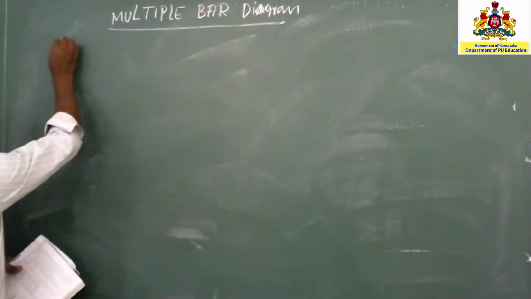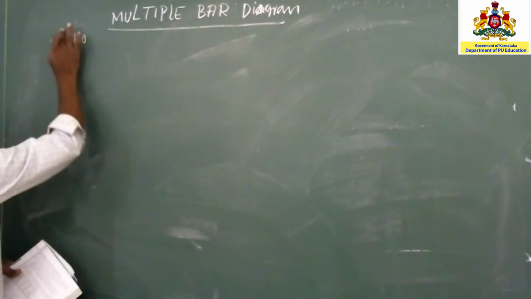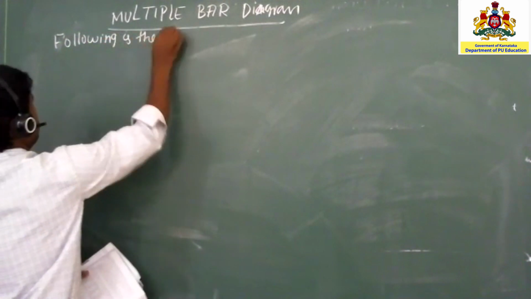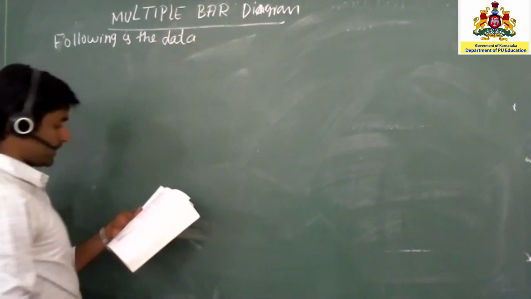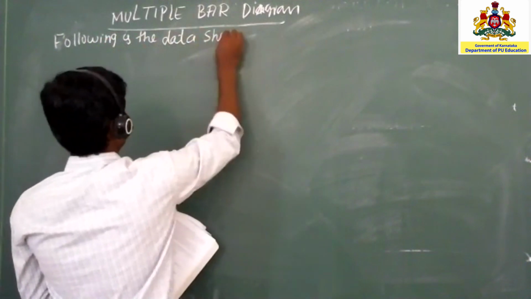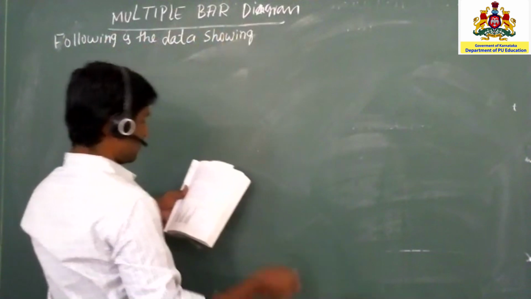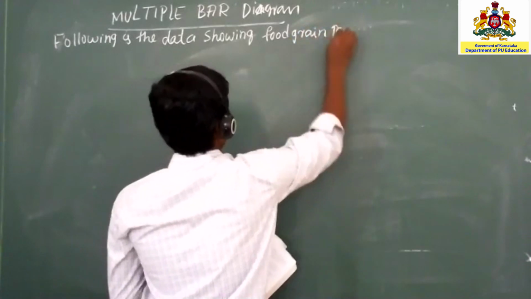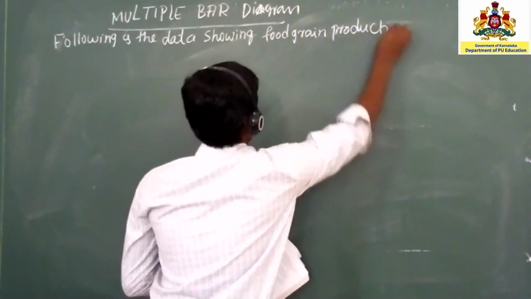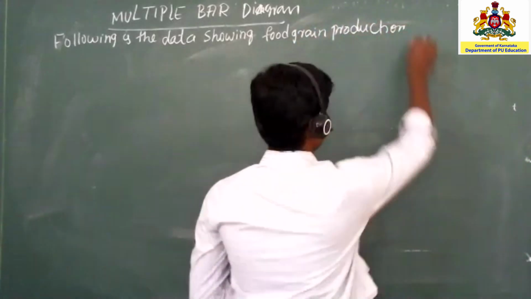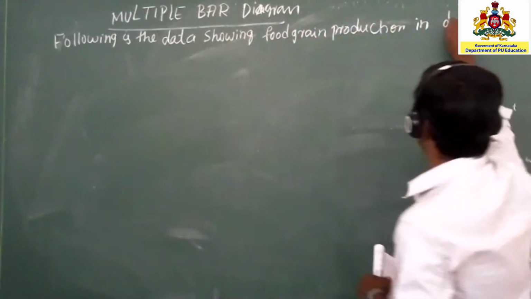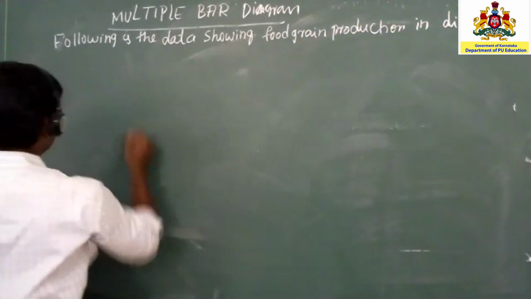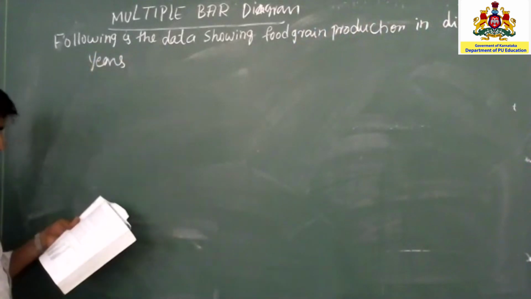Following is the data showing food grain production in different years.